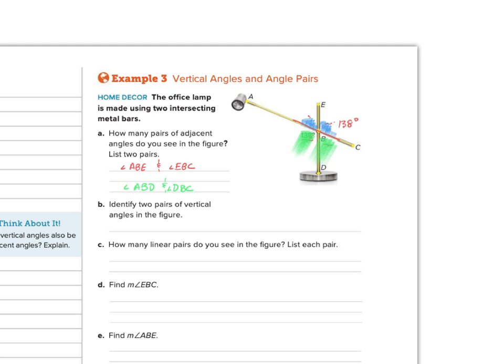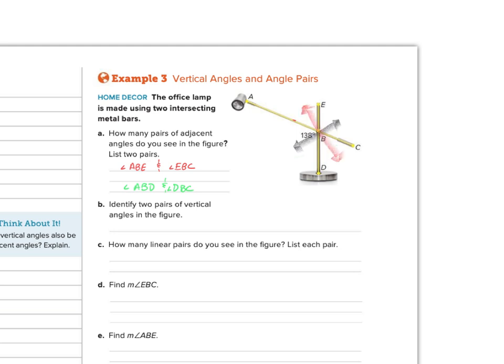Identify 2 pairs of vertical angles in the figure. Okay. Well, we just did, but I did it a second ago over here. Looking for 2 pairs of vertical angles. I know that these 2 angles are vertical, and I know that these 2 angles are vertical.